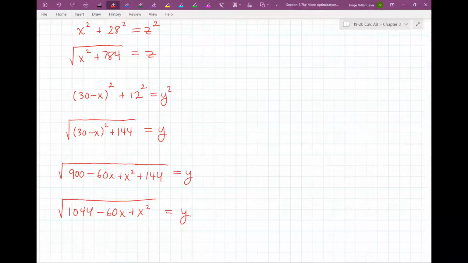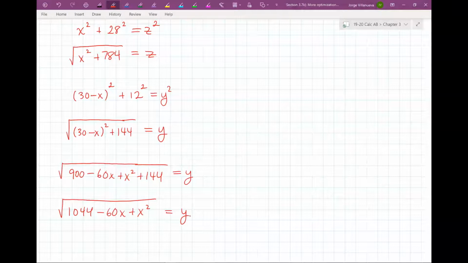Or if you want to put the x squared in the front, which I'm probably going to do in my next step. But notice how when I solve for y, I have x's. When I solve for z, I have x's. So if I replace my y and my z in my w equation, that sounds interesting, right? If I get my wire equation and replace y and z, then how many variables am I really dealing with? Just two. A w, which is my wire equation, and x's.